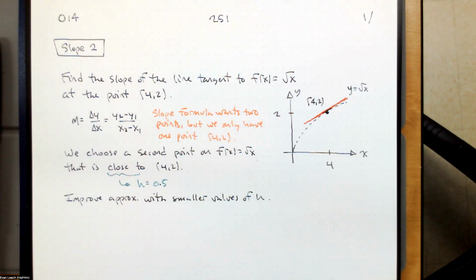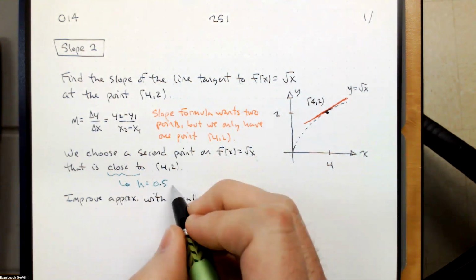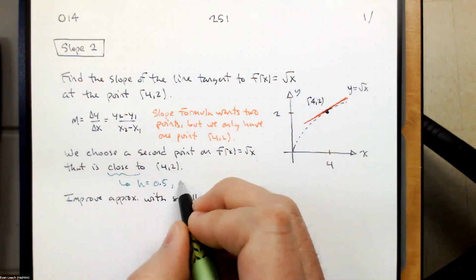I set 0.5 as a start, and then we made this h smaller.